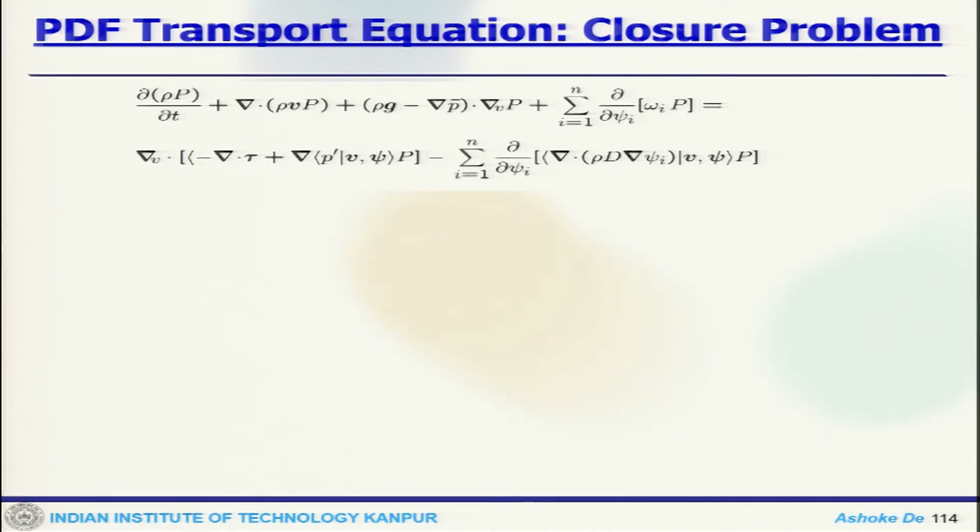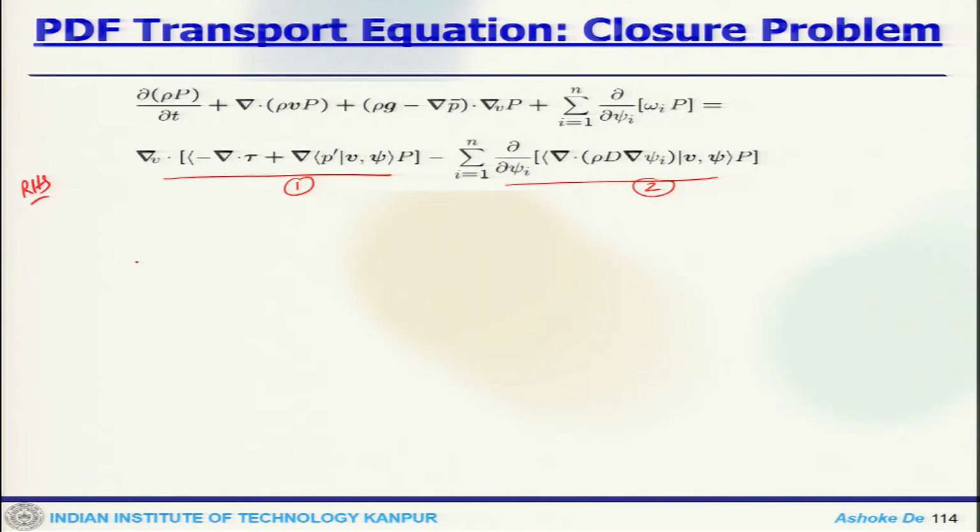Now we will look at the right hand side of that equation. There are two terms on the right hand side, first term and second term. These terms contain the gradient of quantities conditioned on values of velocity and composition.